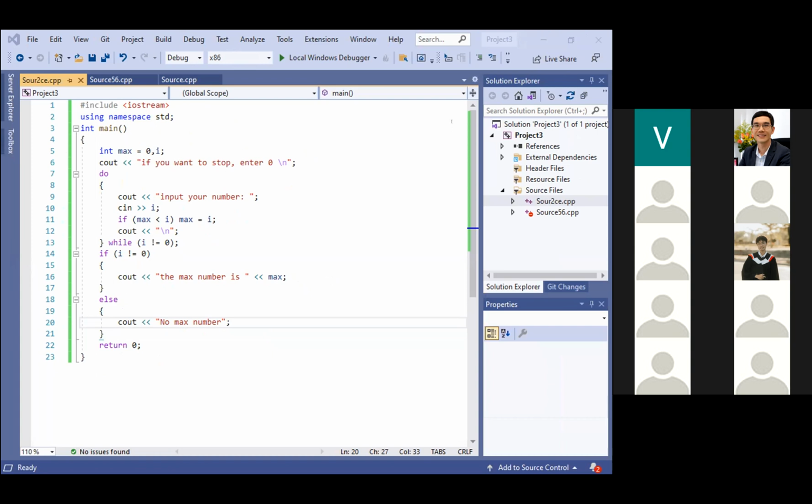You see the stopping condition here: if the inputted number is not 0, you continue. If it's 0, you stop. And this is based on what we have learned. So you have 2 minutes to read and tick yes if it's correct, and tick no if it's not correct.